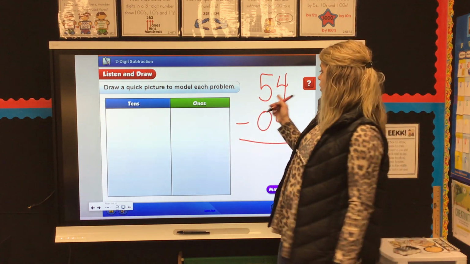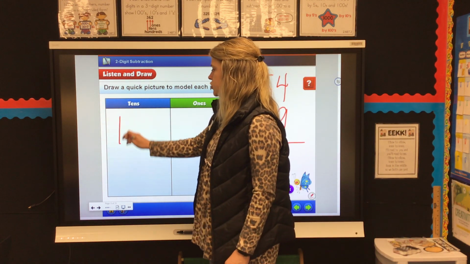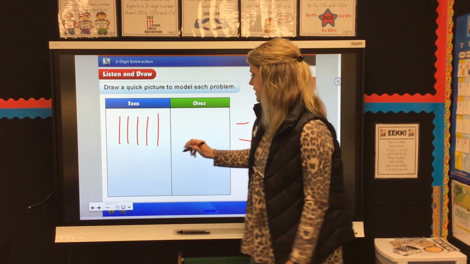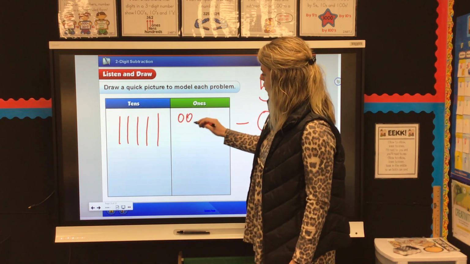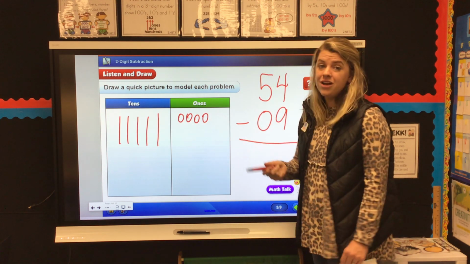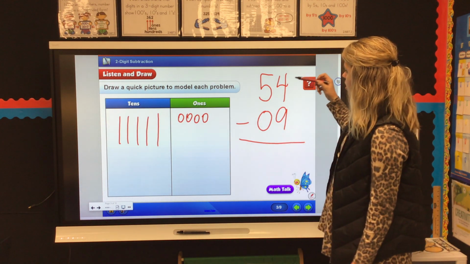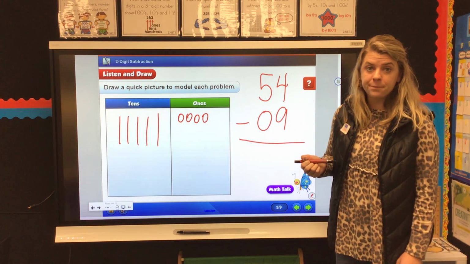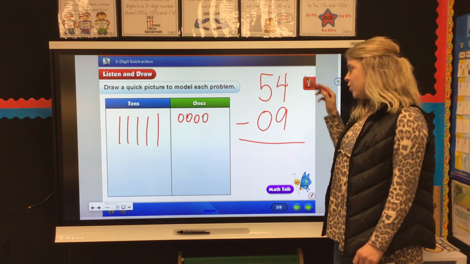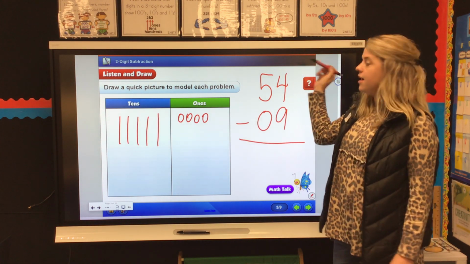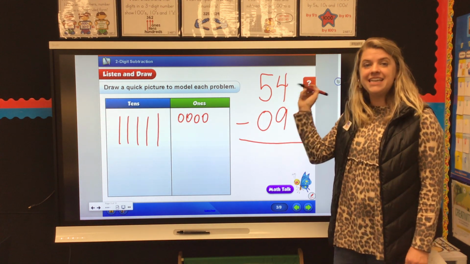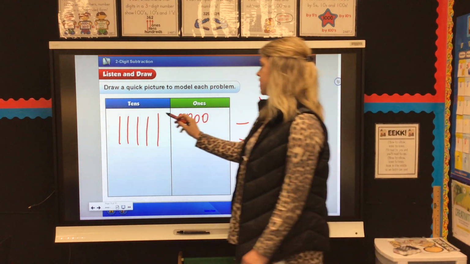All right. First, we draw our picture. 10, 20, 30, 40, 50. 4. 1, 2, 3, 4. And I want to subtract 9. Ask yourself the rhyme. Is there more on top or more on the floor? More on the floor. Go next door and get 10 more. All right, so we're going next door.